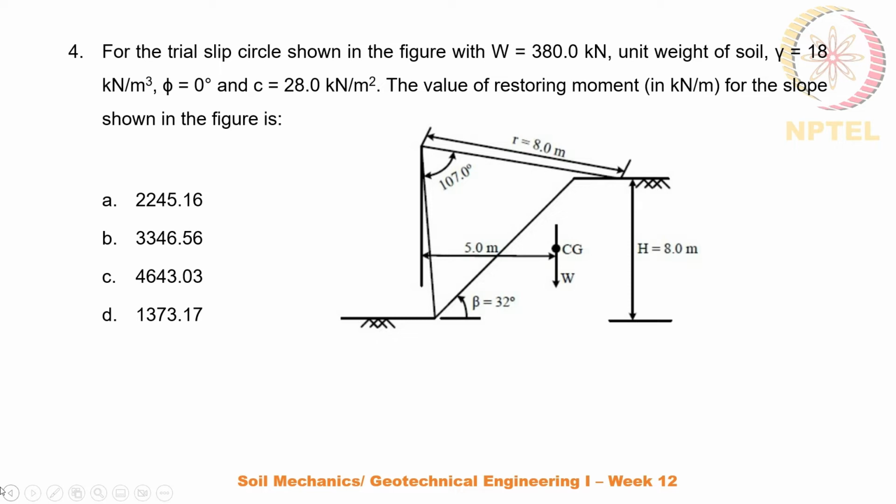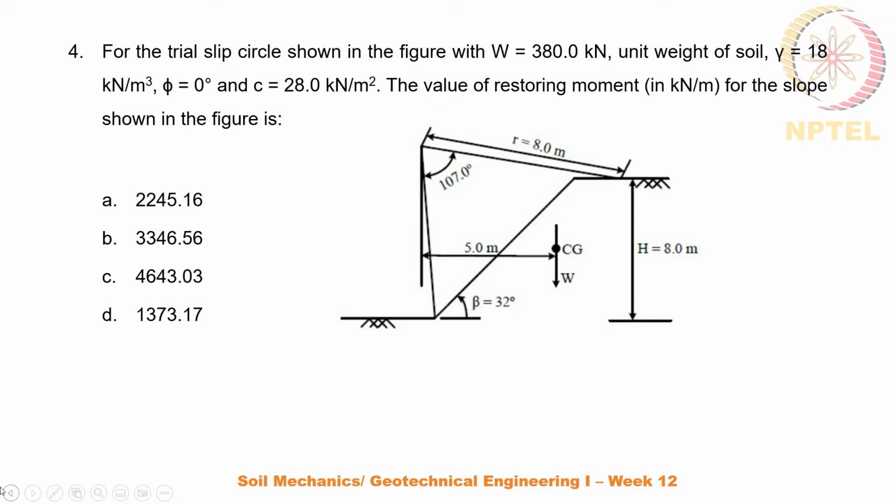So, we are given a trial slip circle as shown in the figure, where W, the weight is given by total weight of the soil wedge. W is given as 380 kilonewton. Unit weight of the soil sample is given as 18 kilonewton per meter cube, and cohesion is given as 28. So the soil is cohesive soil. All the previous questions were dealing with cohesionless soil. This one is cohesive soil. We are asked to determine the value of restoring moment for the slope.